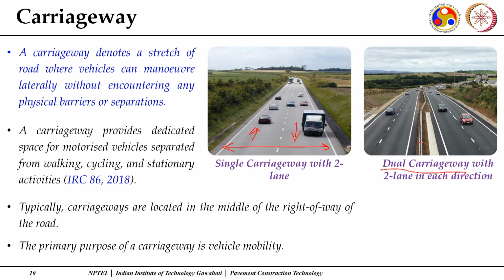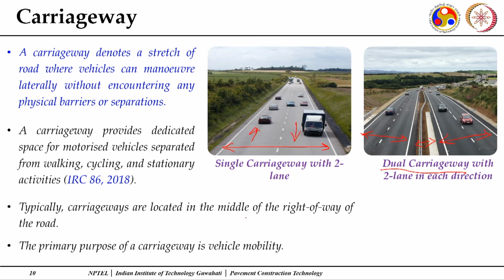So, how is it separated? It is separated by a median, which can be a raised median or a depressed median. When I discuss the median, I will discuss this. Here you can see this is another carriageway on this side, and this is a carriageway on this particular side. A carriageway provides dedicated space for motorized vehicles, separated from walking, cycling and stationary activities, because it is for the maneuverability of vehicles.